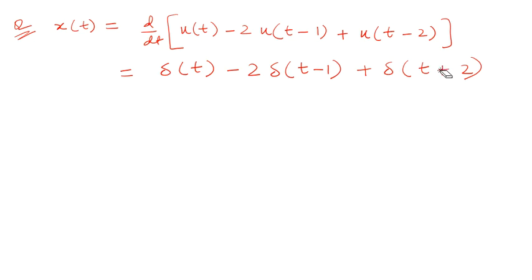Let me take the eraser. So this is δ(t−2). Now you have to plot this signal. Again, it is now very easy for you. Just first draw a straight line.